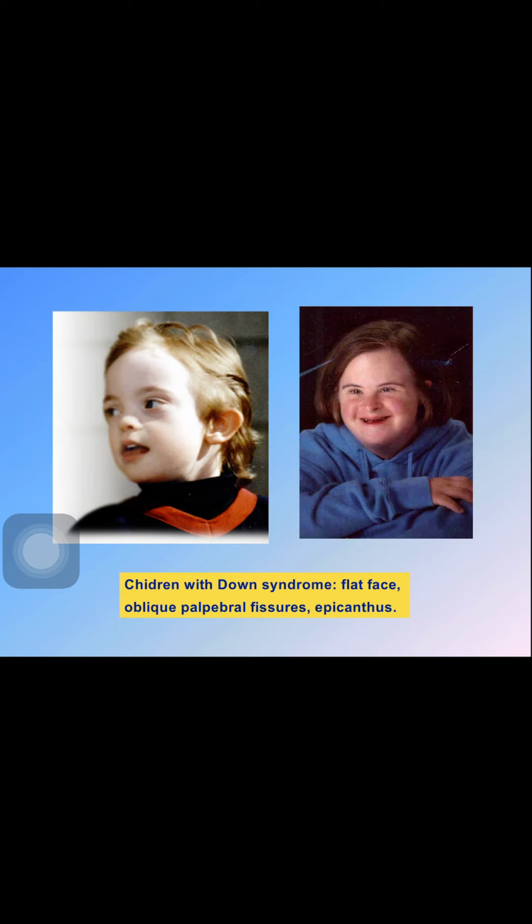You will see in your surroundings few cases which have a special face like this, flat face, low bridge, palpebral fissures oblique, epicanthus, and you may go around the world and this sort of similar face you notice everywhere around the world, Down syndrome.